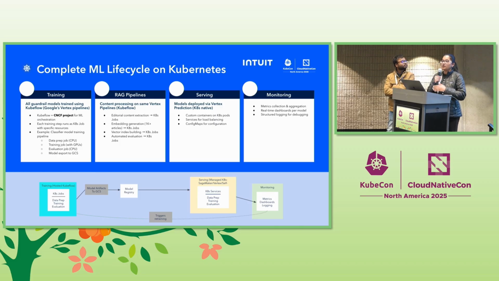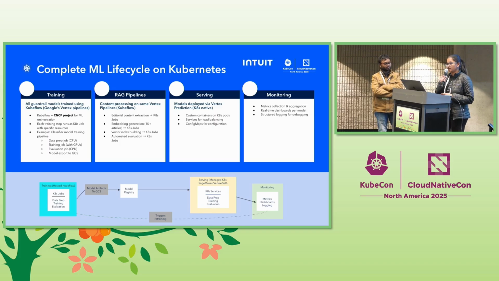Once we have a model trained, like a guardrail model, which is available offline, we move on to the serving side. With respect to serving, we were able to utilize Kubernetes patterns and make it framework agnostic as well as cloud agnostic.